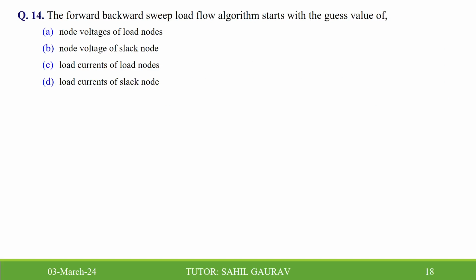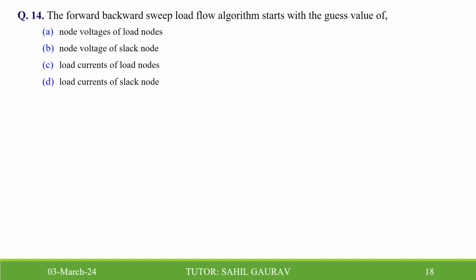Moving to the 14th problem: the forward backward sweep load flow algorithm starts with the guess value of what? Options are: A, node voltage of load nodes; B, node voltage of slack node; C, load currents of load nodes; and D, load currents of slack node.